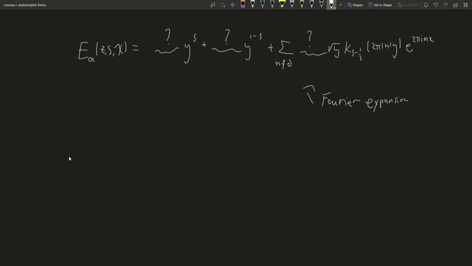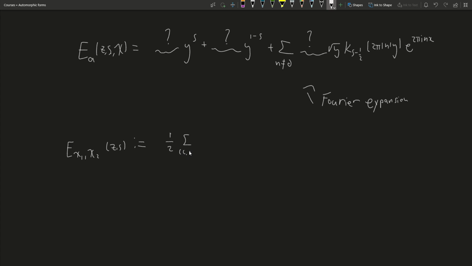So what he does is he defines, for two Dirichlet characters chi1 and chi2, E chi1 chi2 (z, s), and we're not going to use this definition at all, but I sort of have to write it down.